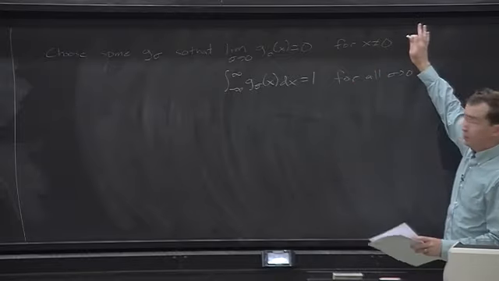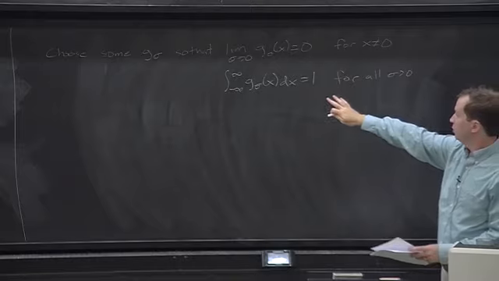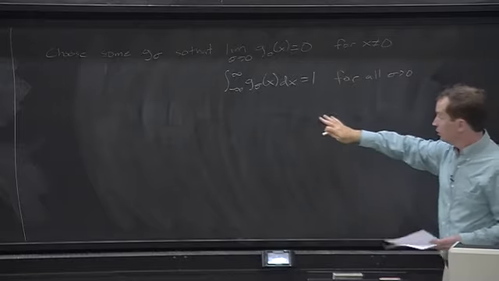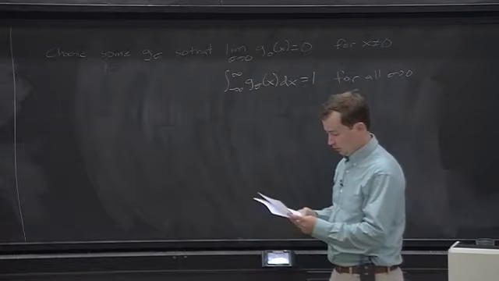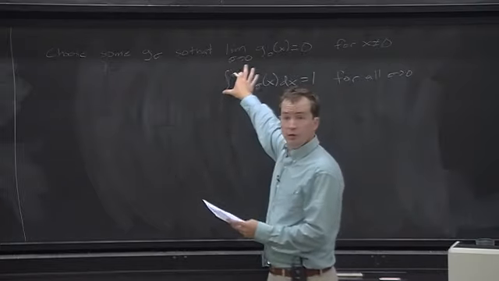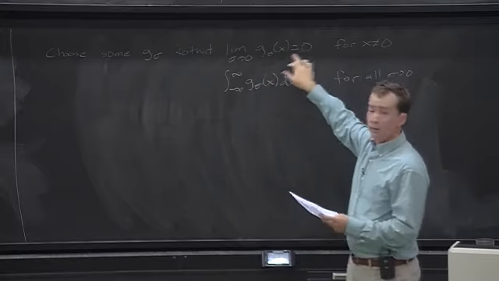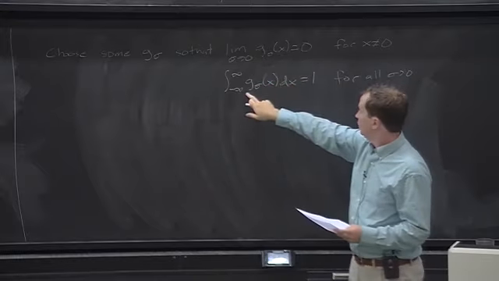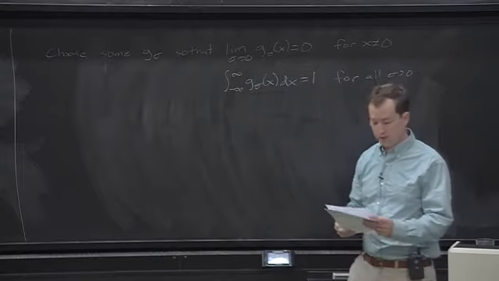So like the top hat function we looked at before, but the point is this argument is more general, and we consider any sequence of functions that satisfies these two properties. It's becoming more and more peaked, and it has integral 1. So it's natural to think that it approaches the delta.